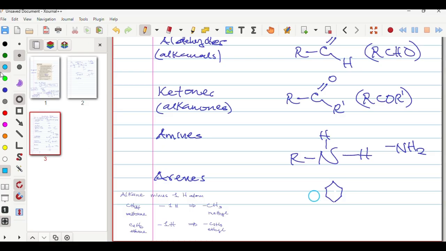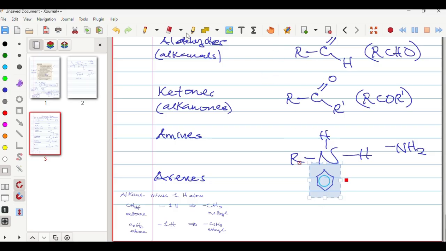as a ring. We draw them as a ring, but this ring is staying outside. It's supposed to be inside the hexagon, like this. So this is the functional group of arene, the basis of arene.